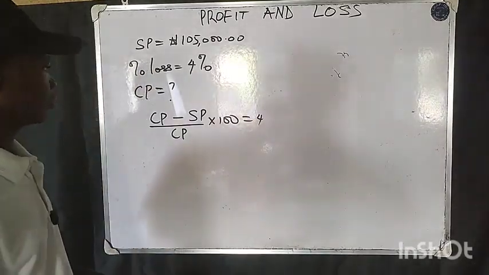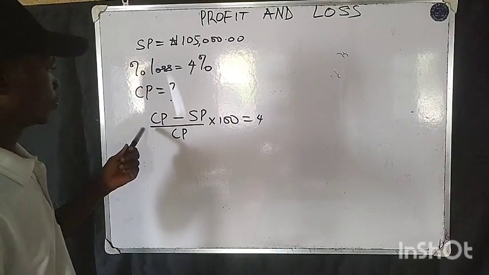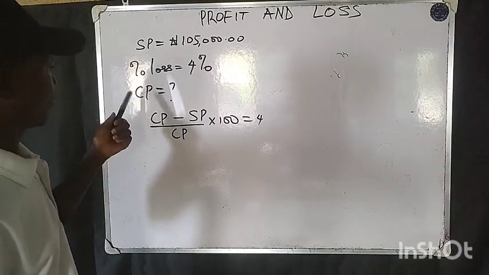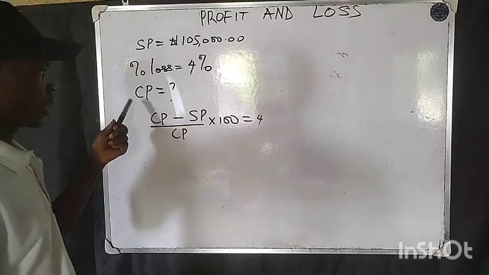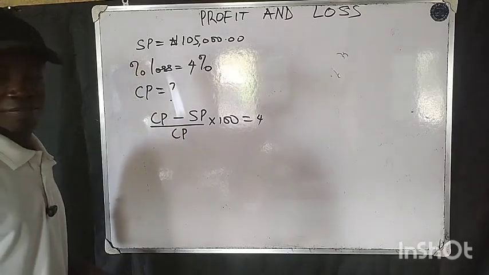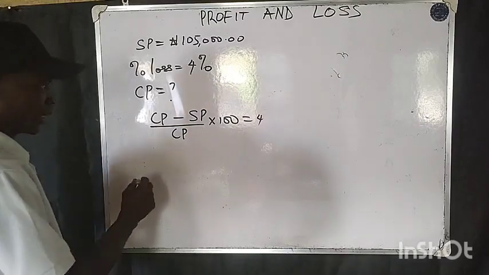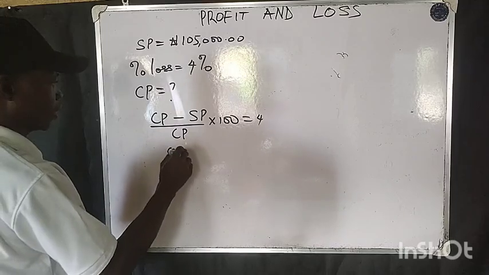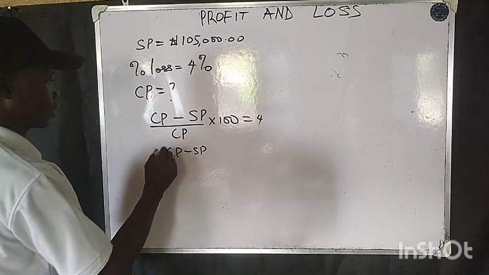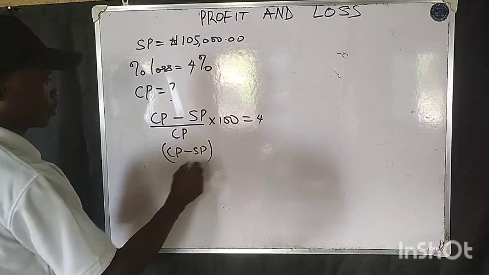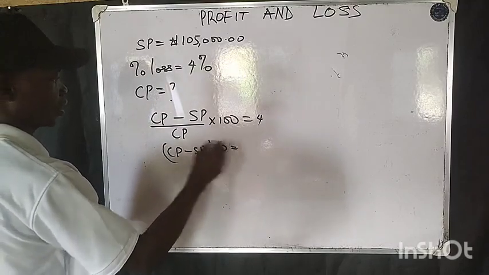We are looking for cost price, so let's make cost price the subject. We say CP minus SP over CP equals 4 over 100.